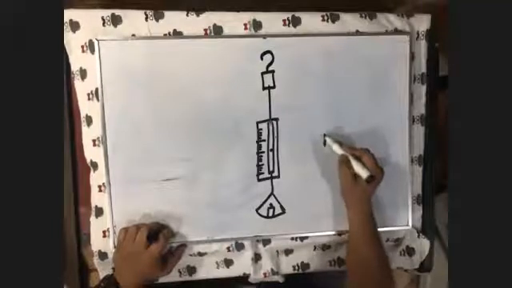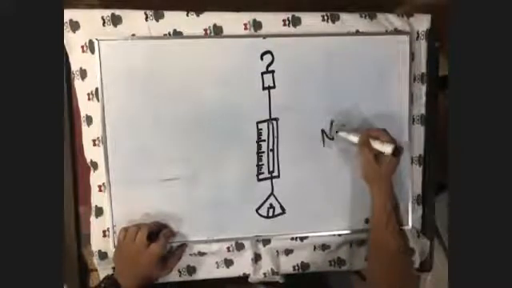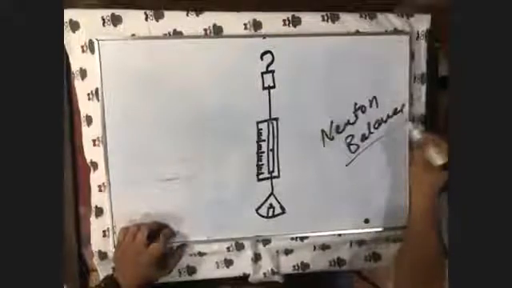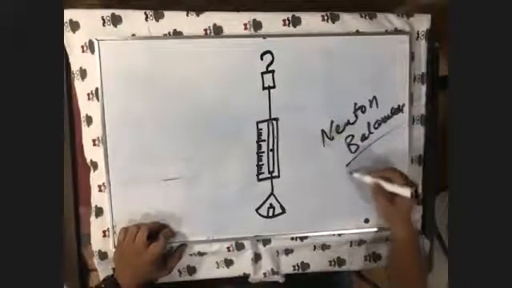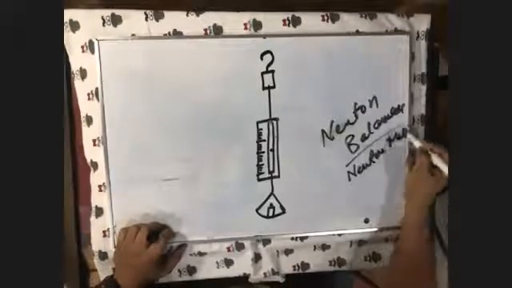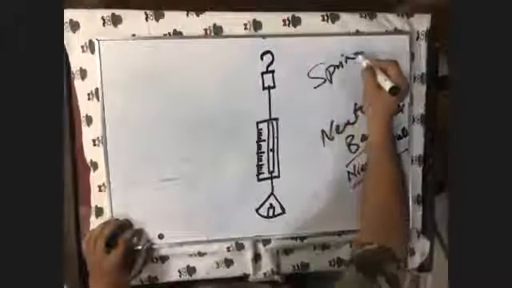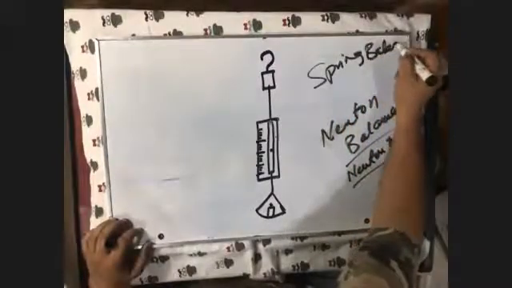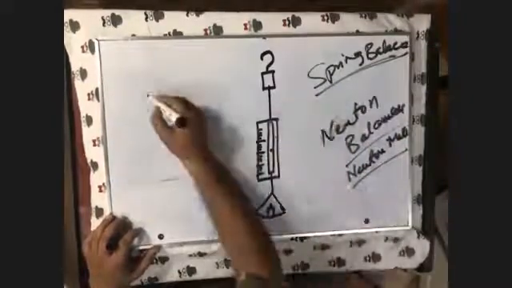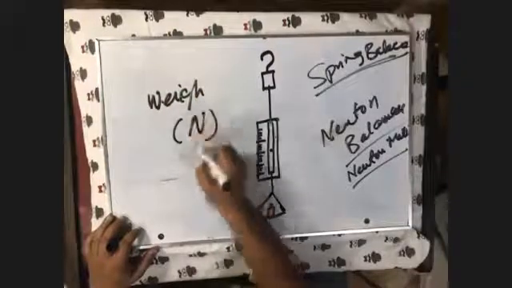It's called a Newton balance or Newton meter. Sir, isn't it also called a spring balance? And spring balance. Now we do not use the word spring balance that often, but it is used like that. It measures weight. Its units are Newton.